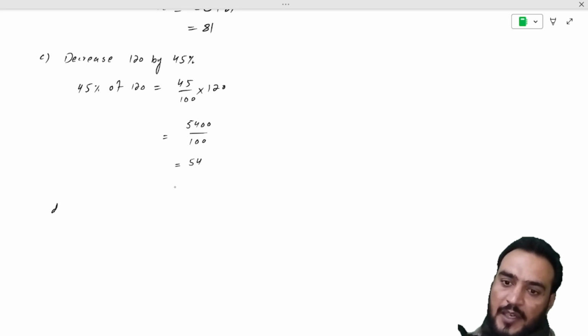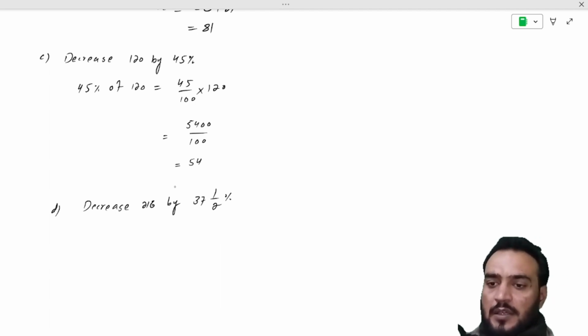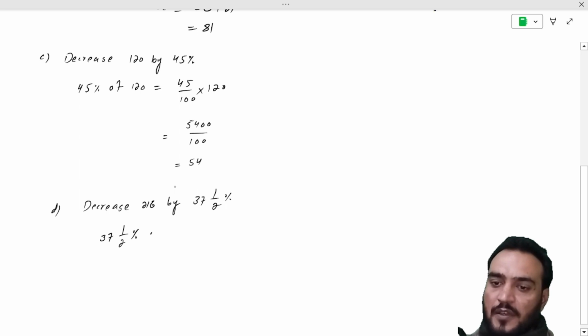Now we solve part D, and part D is decrease 216 by 37 1/2%. So first we find the 37 1/2% of 216.